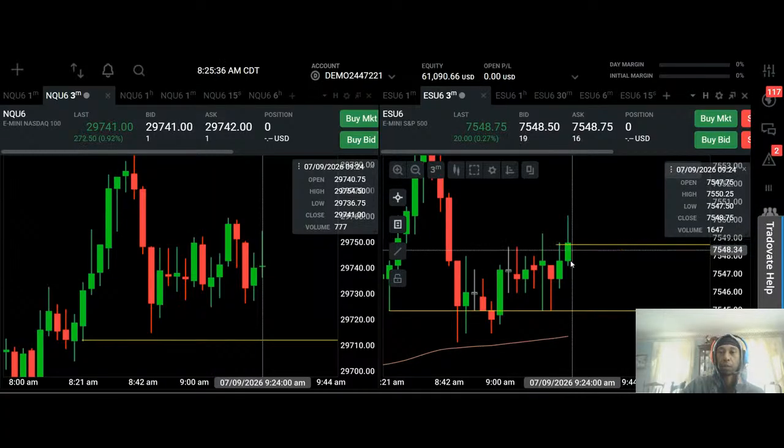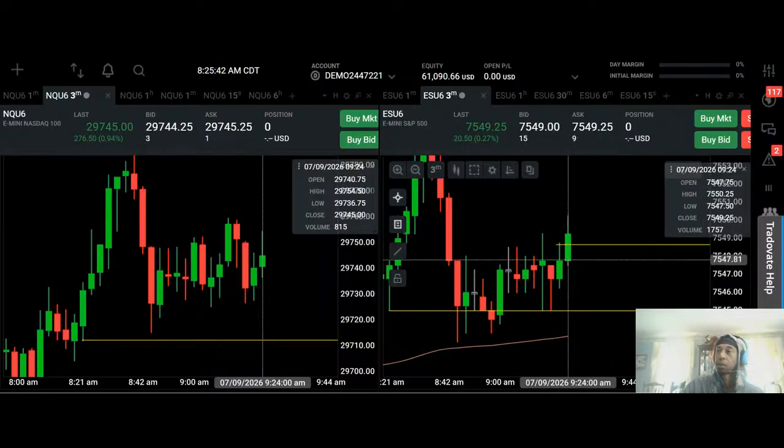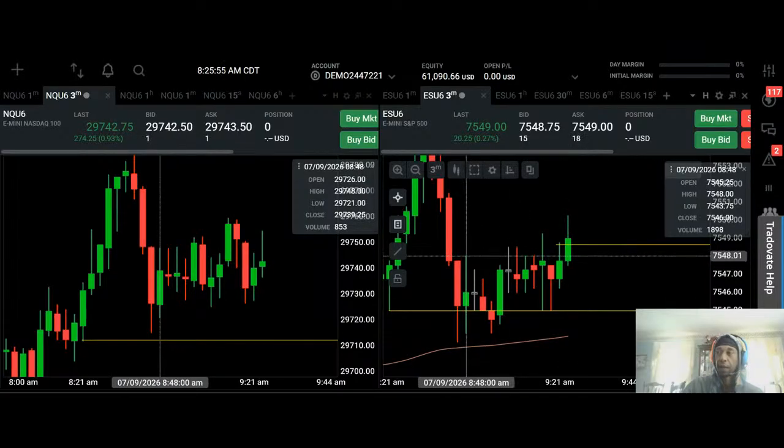Sometimes they like to throw these ginormous candles in the beginning here. But if this candle closes, make sure it's live on what I'm looking at. Yeah. This candle, if this candle closes above that high right there, it's gonna go up.